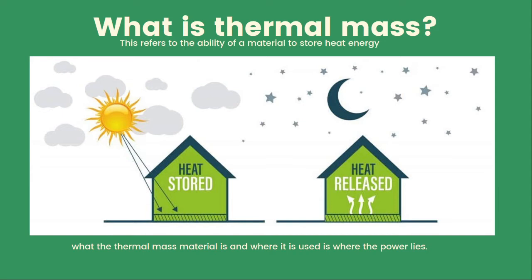And the whole point of thermal mass is that it stores heat from the sun and then releases it at night in order to heat the actual building that it surrounds.